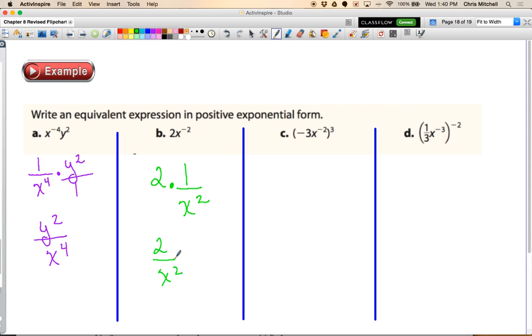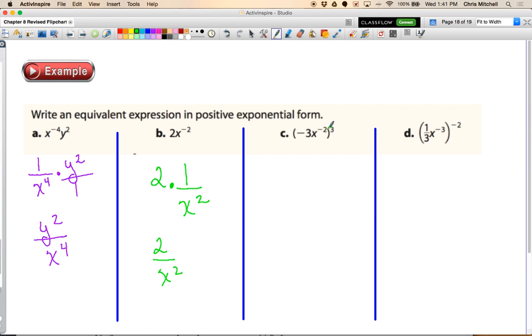Remember, we're taking our negative exponents and we're turning them into positive fractions. Again, we're turning them into positive fractions.